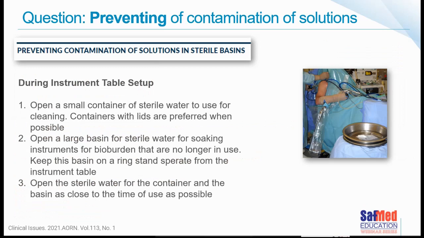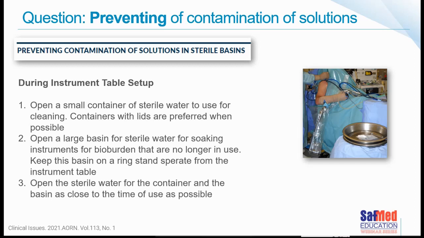During instrument table setup, they suggest that firstly you open a container of sterile water to use for cleaning. So that's a small container that you have on your tray that contains a lid preferably. This was interesting because I've never seen a container like that before in use. Then separately to that, they suggest opening a large basin with sterile water for soaking instruments that have bioburden on them that are no longer in use.